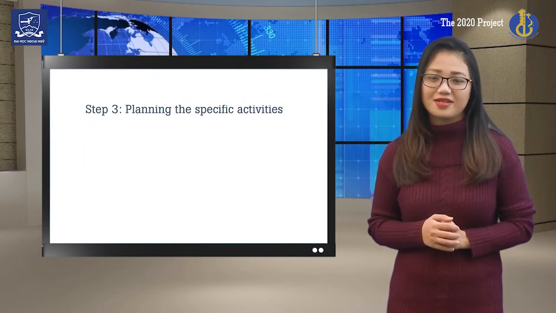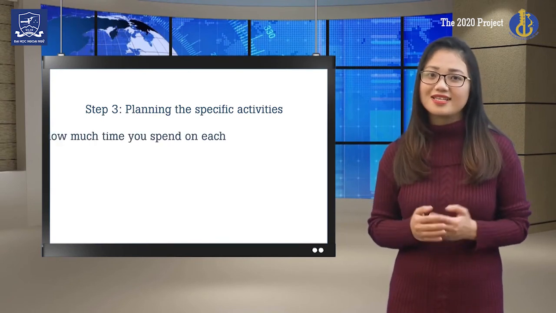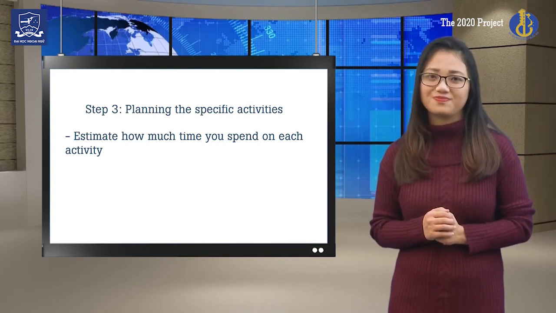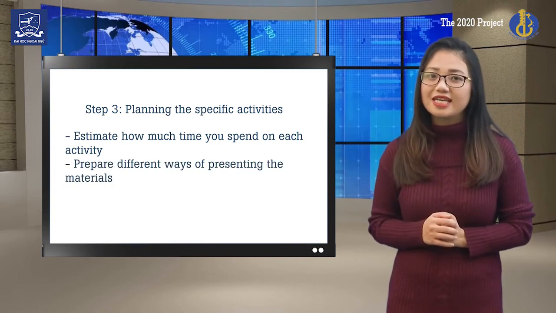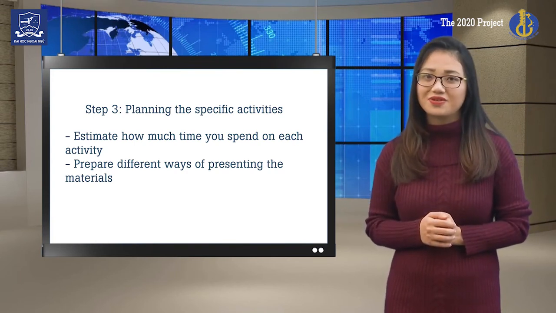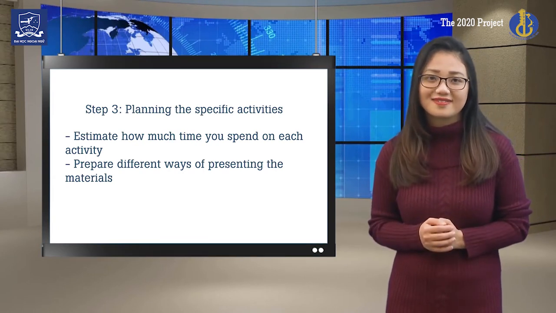In the third step, you need to plan specific activities as well as estimate how much time you would spend on each of them. You also may need to prepare a list of different ways to present the material because your students may have different learning styles.